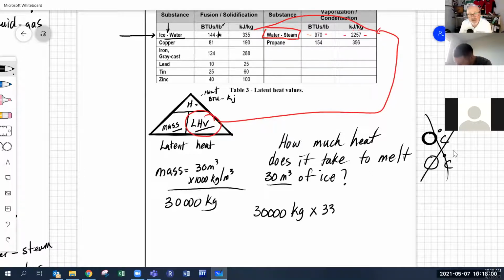So it's 335 kilojoules to melt every kilogram of this ice. And that comes out to a nice ginormous number. That's 10,050,000 kilojoules to melt that ice.